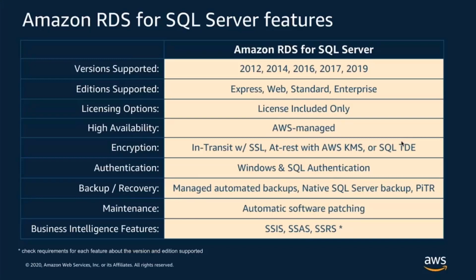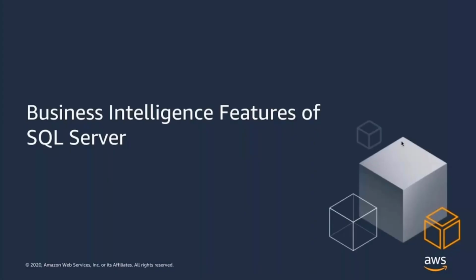In April 2020, we announced support for business intelligence features of SQL Server on RDS service, which is what we will cover next. One of the big blockers for our customers to move their SQL Server workloads from other hosts, including EC2 instances, to RDS service was no support for business intelligence features.